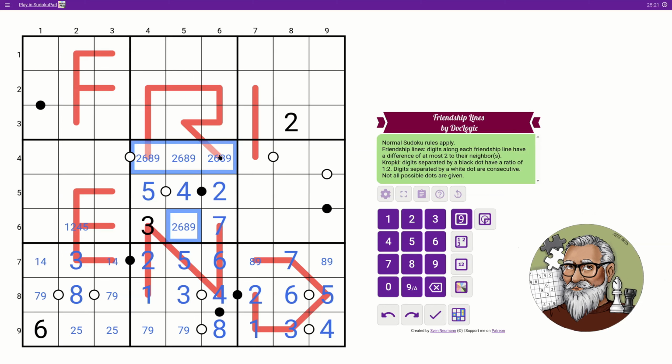Right, and this is from 1, 2, 4, 5, or 6. Not sure how that's useful. This is 1, 6, or 7. Huh. 1, 6, or 7. Okay.